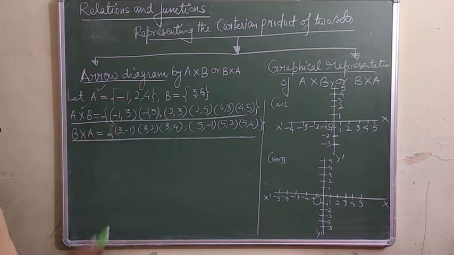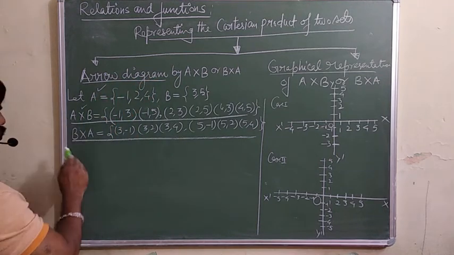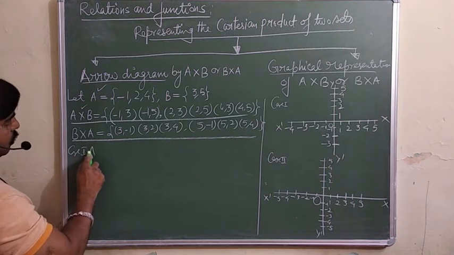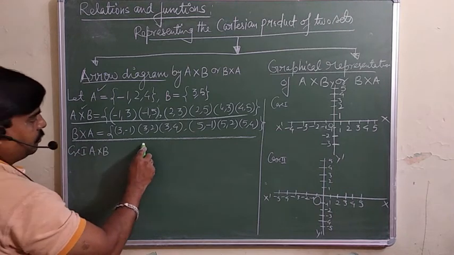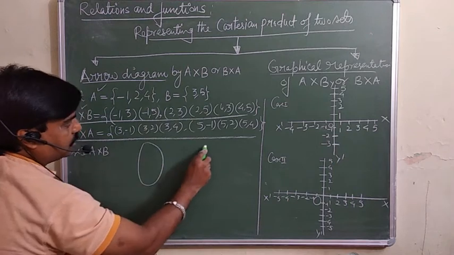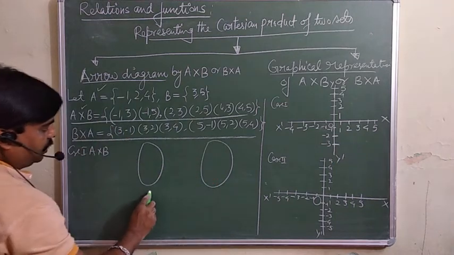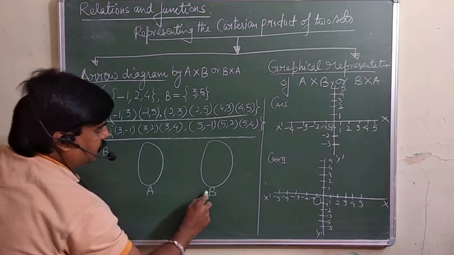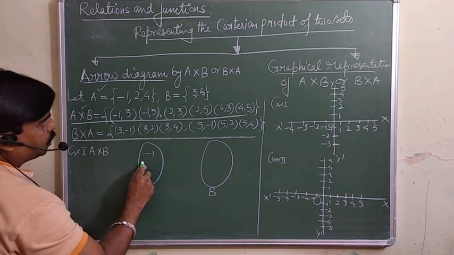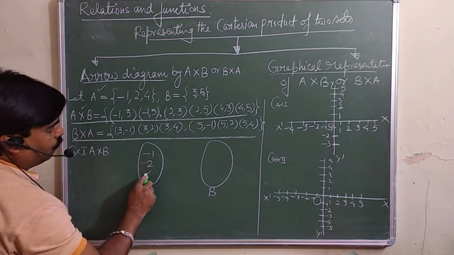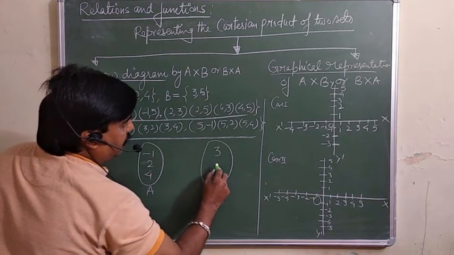Now with the help of the arrow diagram you want to represent A cross B. In the first case, take two circles: this is your set A and this is set B. The elements of set A are -1, 2 and 4, and here are 3 and 5.